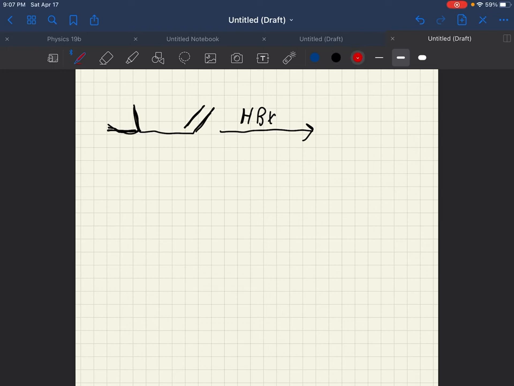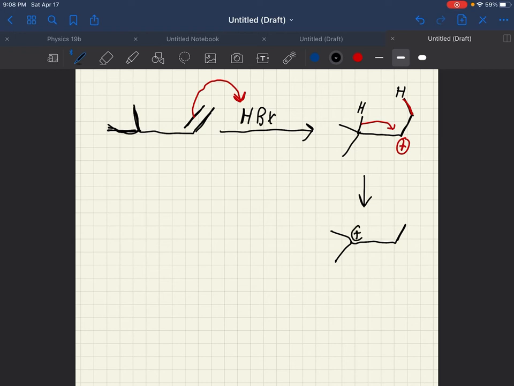So what's going to happen here is this is going to follow Markovnikov's rule, and the hydrogen is going to go where there's more hydrogen, so it's going to go there. I'll draw it in with a red bond so you know that that's not a carbon, and that's going to form this carbocation right here. Then the hydrogen here is going to perform a hydride shift, forming something that looks like this.